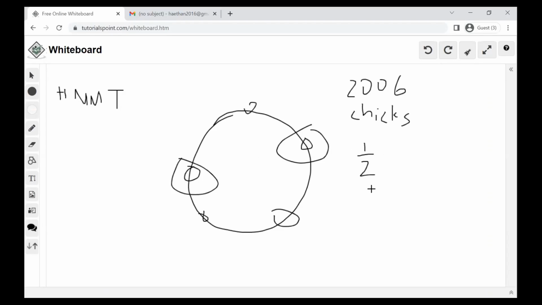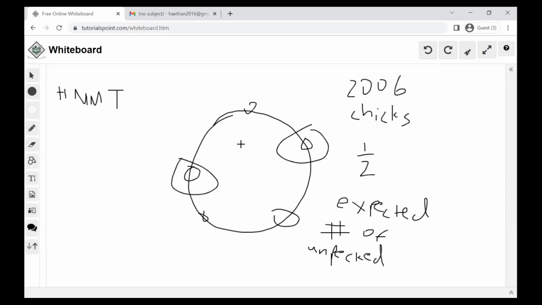So what is the expected number of unpecked chicks? Remember, each chick randomly chooses one of its 2 neighbors to peck. So we want to find the expected number of unpecked chicks.